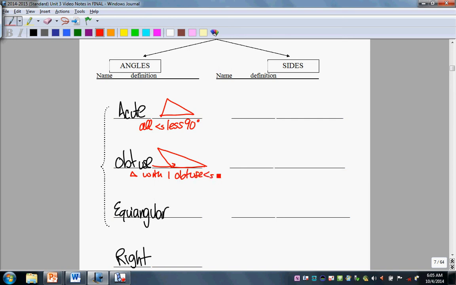That means greater than 90. Equiangular is where all the angles are equal. And of course, a right triangle is where you have one angle that is 90 degrees exactly. Obtuse, acute, and equiangular triangles, we call those oblique, meaning non-right.